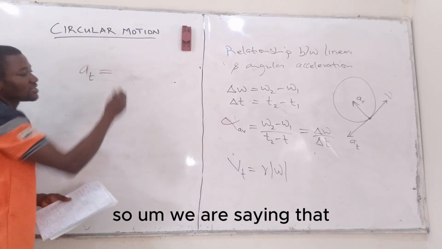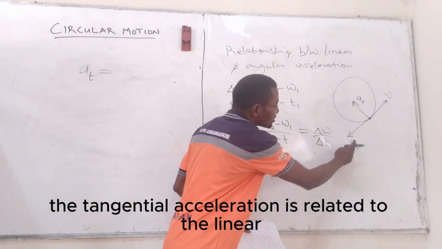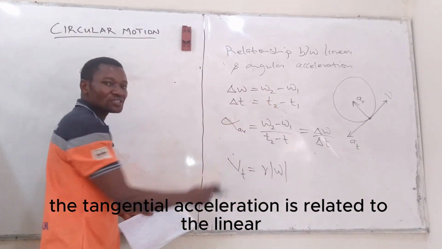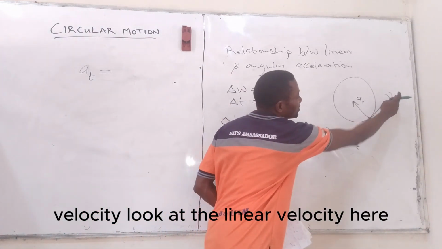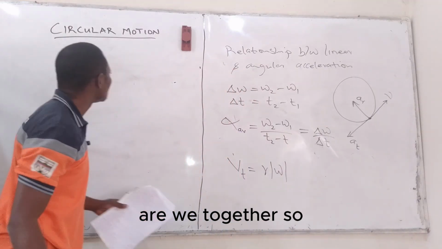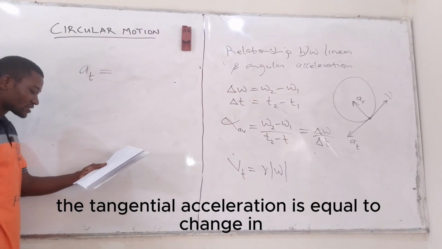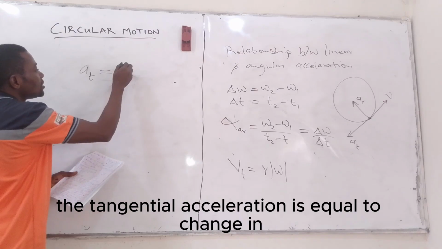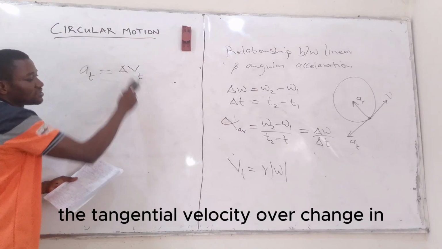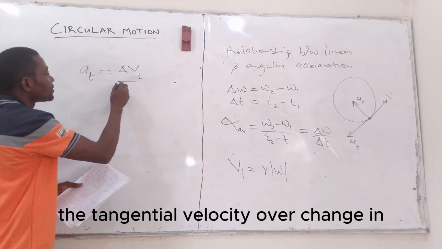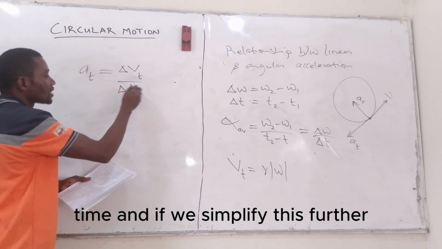So we are saying that the tangential acceleration is related to the linear velocity. Look at the linear velocity here. Are we together? So we have that the tangential acceleration is equal to change in the tangential velocity over change in time.